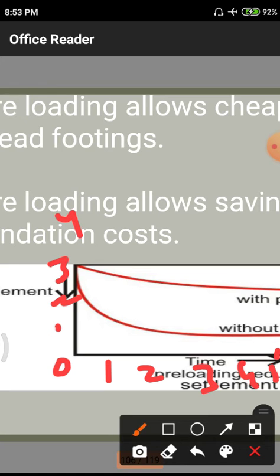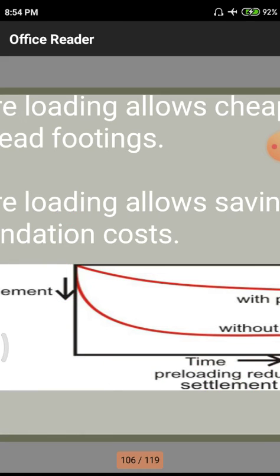Without preloading we have the maximum value at 0, after that we reach a particular millimeter value, and after that the consolidation is linear. But in this case, the settlement is maximum in the starting state, and after that the settlement consolidates.